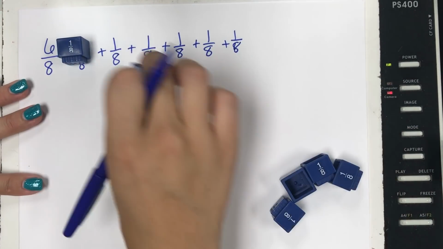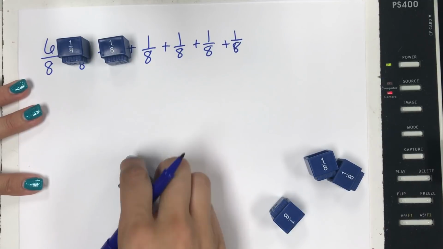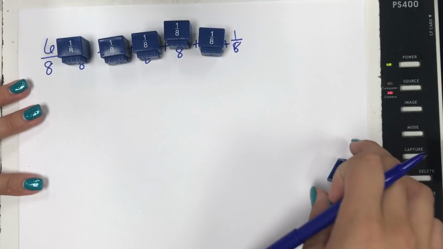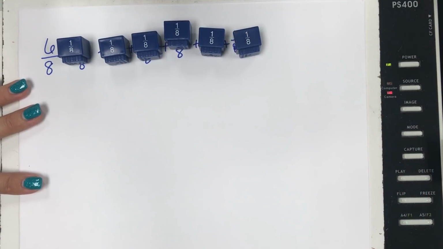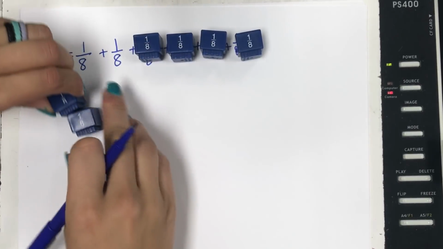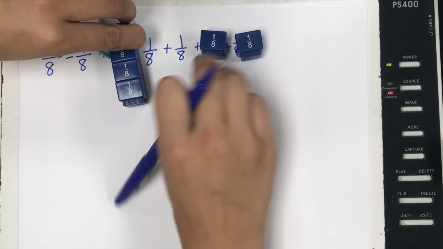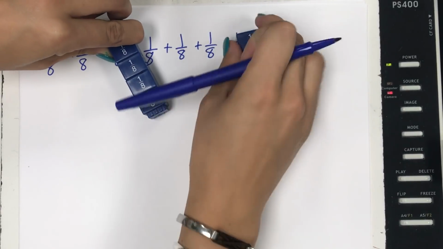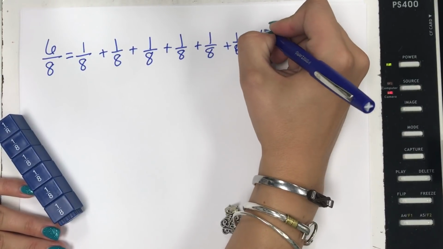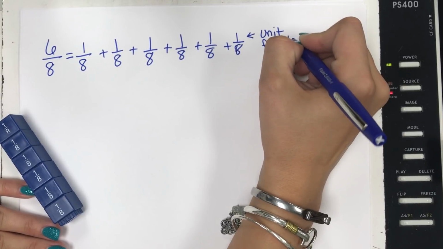So I have 1, 2, 3, 4, 5, 6 eighths. I have 6 of them and they're all 1/8. So remember that it's called a unit fraction whenever it's got that 1 in the numerator. I broke it into units. I broke it into 1. So again, these are called unit fractions.